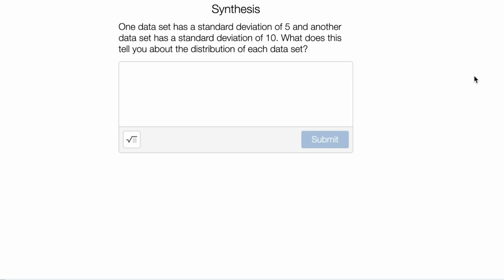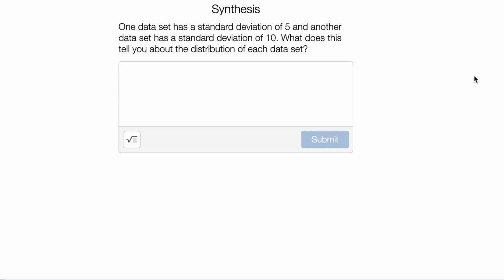Okay, so one data set has a standard deviation of 5, and another data set has a standard deviation of 10. What does this tell you about the distribution of each data set? Remember, standard deviation calculates variability, how widespread the data is.